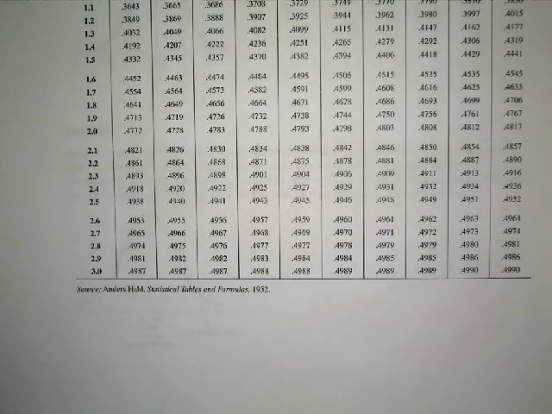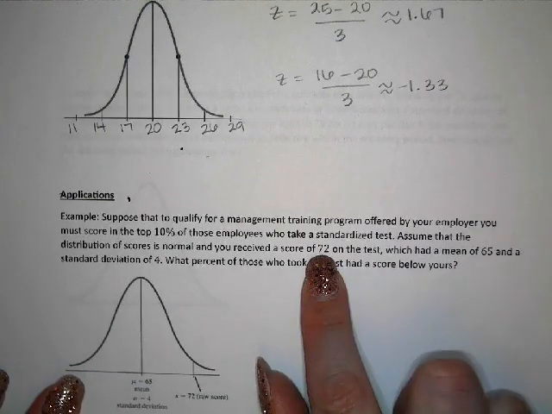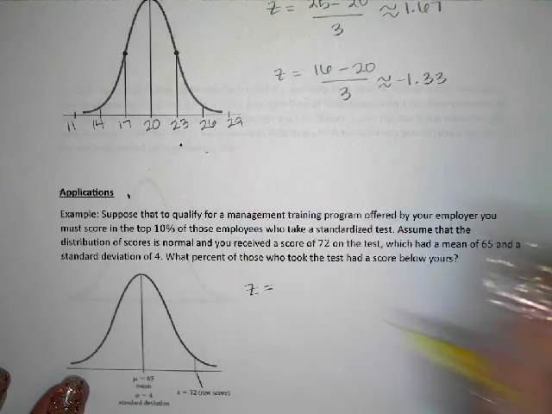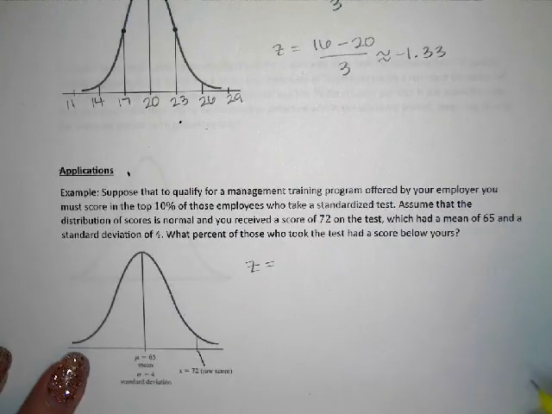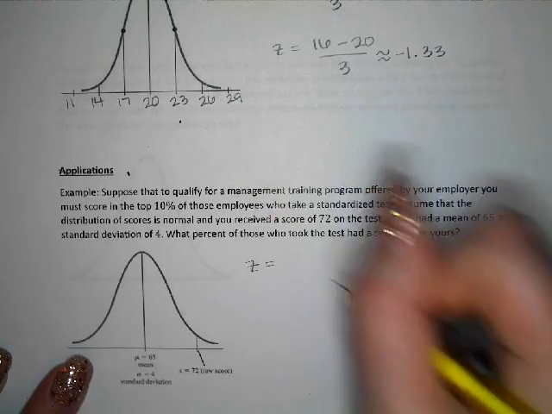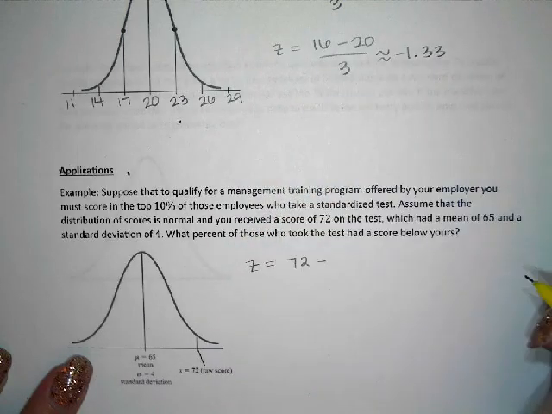So that's why this Z-score is going to be really helpful for a problem like this. So they got a 72 on the test. We want to see what this person's Z-score is to see what the probability was that anybody got that score on the test and see if they're in the top or not. So we're going to do 72 minus the mean value, which is 65, divided by the standard deviation of 4.